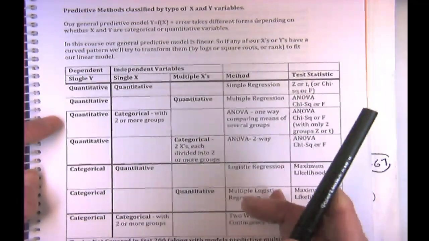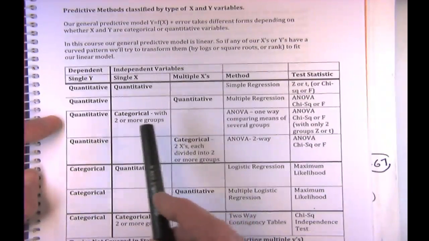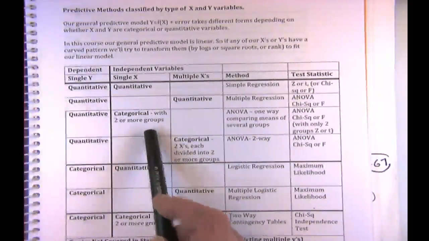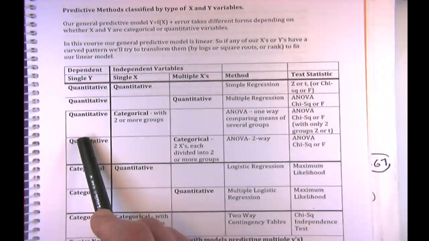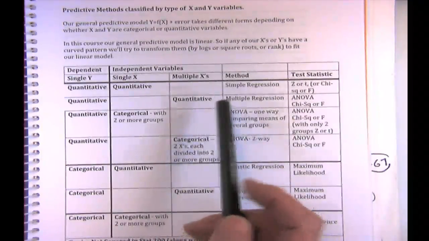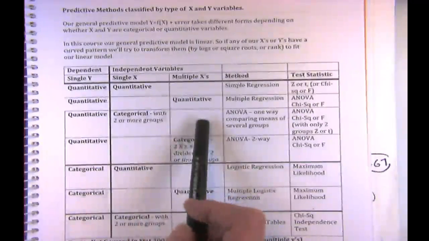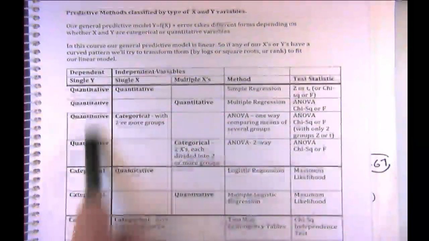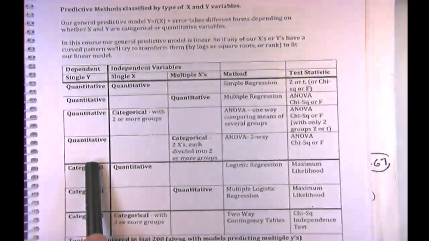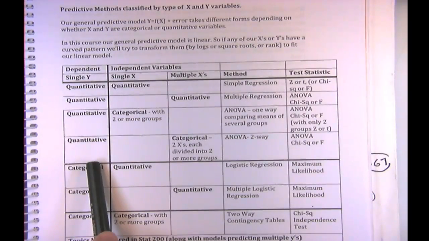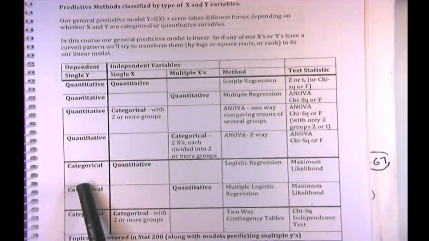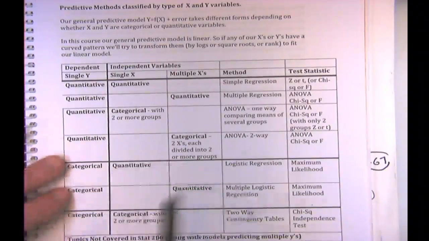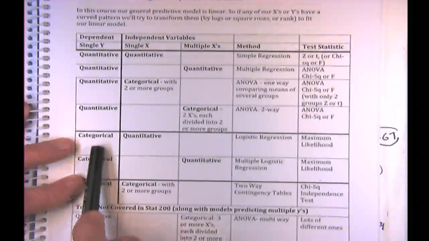We've looked at categorical x's, predicting quantitative y's, ANOVA. We did both categorical and quantitative x's, but all of our y's have been quantitative. So we're moving right now to categorical y's.